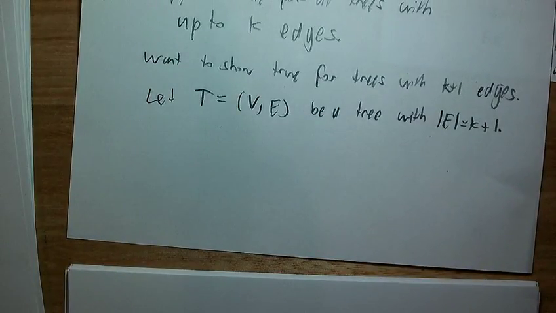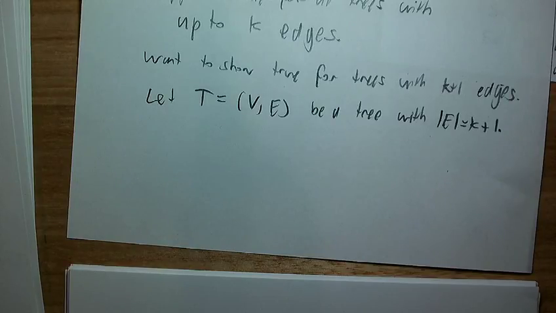So if I removed one of the vertices from my tree, no, I need to remove an edge because I need to go down to a tree that has a smaller number of edges. So if I remove one of the edges from my tree, then what I'll make is a smaller tree. And my induction supposal was that it works for smaller trees.